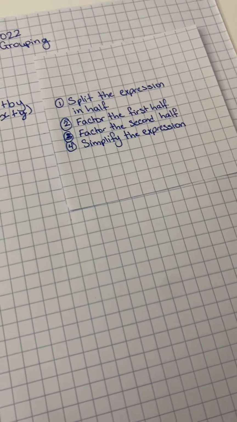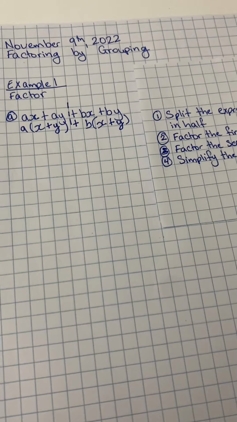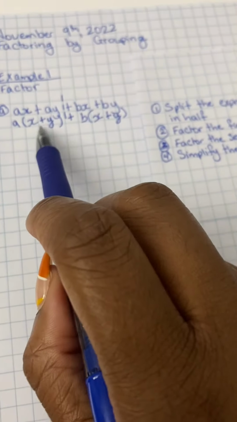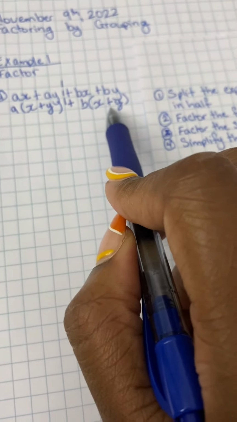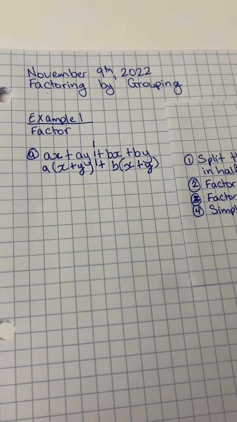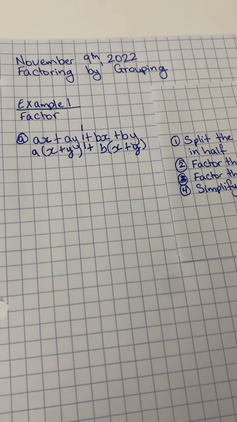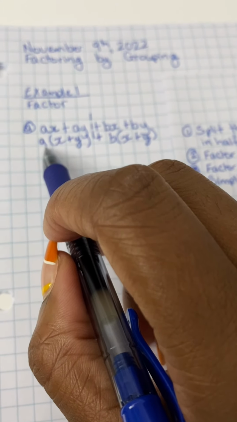Now I'm going to simplify the expression. What you're going to look for, and you should see something that's very interesting at this point, is that my factors, the expressions inside the brackets, must be exactly the same. They do have to be exactly the same in order for me to simplify. So here's what I'm going to do. I'm going to combine the terms that are on the outside.